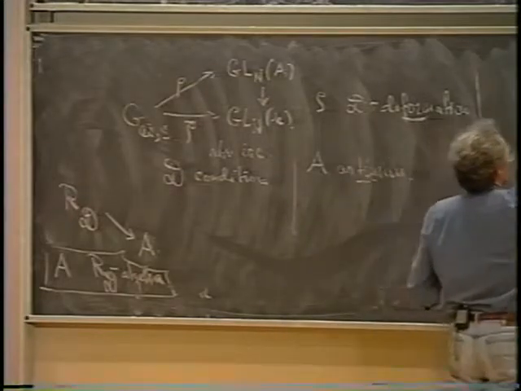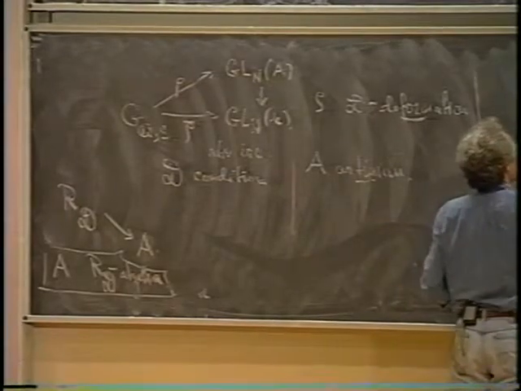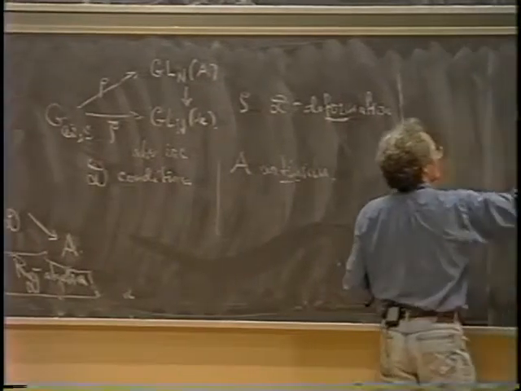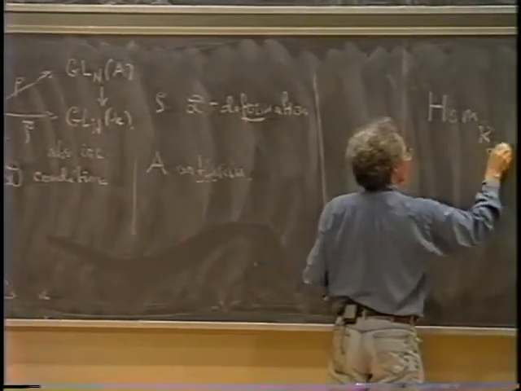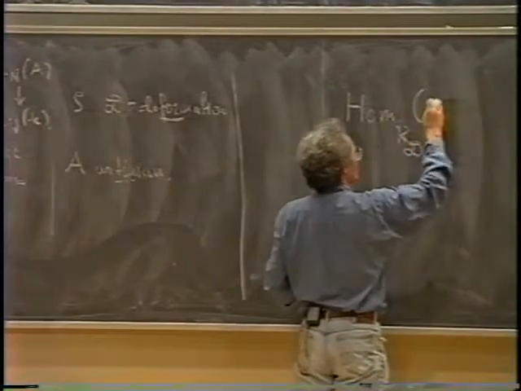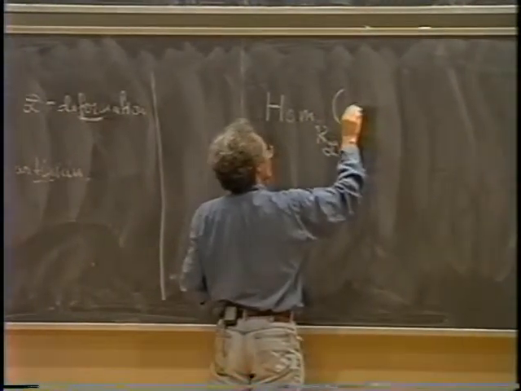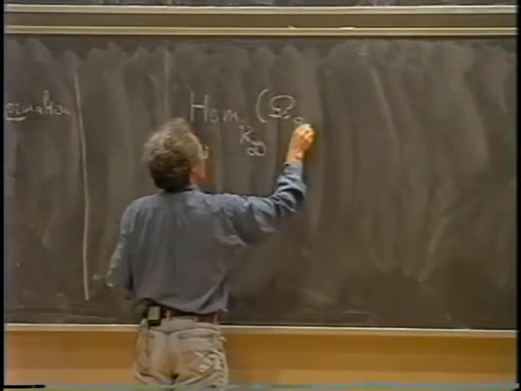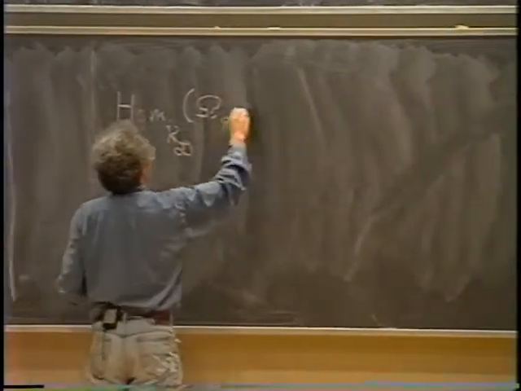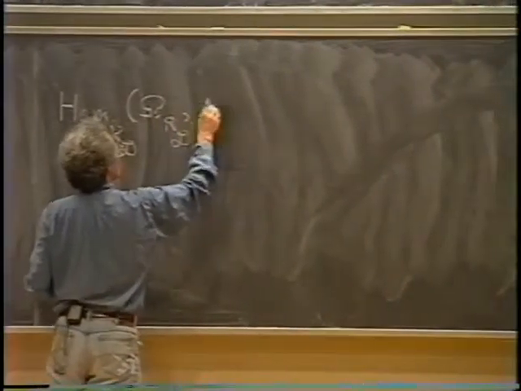The relative version goes like this. We want to consider Hom over R_D of the R_D module omega R_D into A, viewed as R_D module.